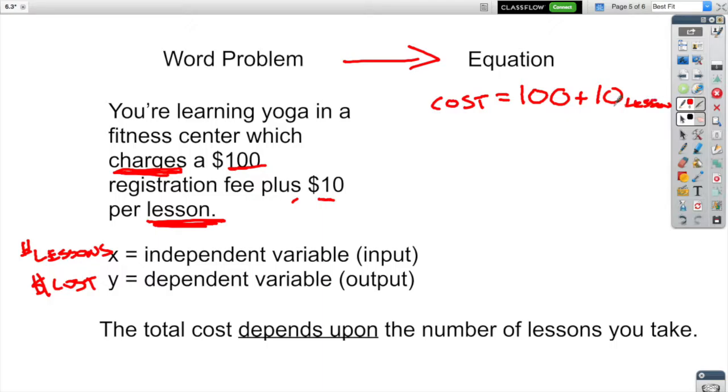And so when I put my variables back in, cost is Y, and lessons is X. So there's my equation: Y equals 100 plus 10 times X. Whatever my input is, however many yoga lessons I want to take, I input that, and this equation will spit out the cost. And this linear function gives me all the information I need. So that's a little bit more about trying to do word problems and create equations from them.